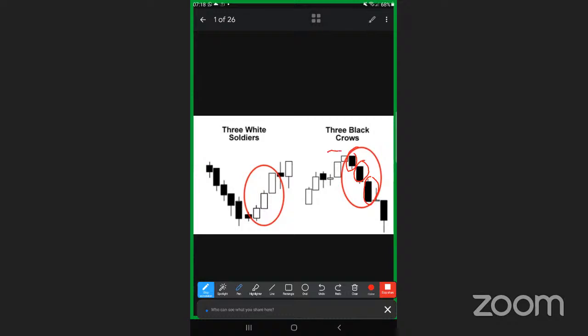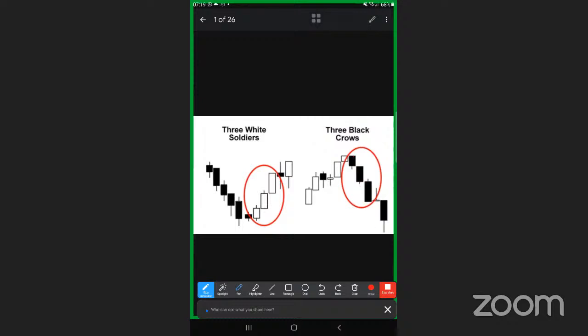So if you were on top here and your capital is finished to open margin calls, then you need to make sure that you've got some tablets for patience, because you are going to hang here. The market is going to find you there. I don't know when, but you need to stay here because the market will trend downward because of the three black crows. They are pushing the market to the downside.